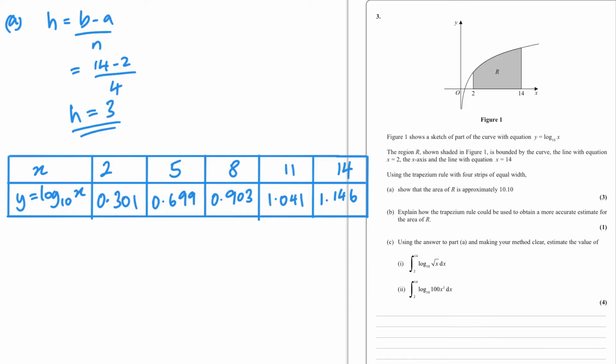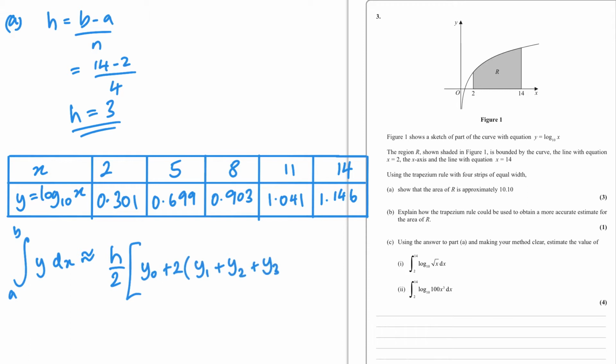Now the formula is going to be, well, if we're integrating between a and b of y, we know that that's approximately equal to h over 2, and then I want to think about some brackets, and we want our y0 plus 2 lots of y1 plus y2 plus y3, and then we want our y4 outside there.